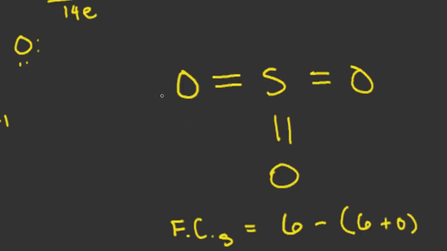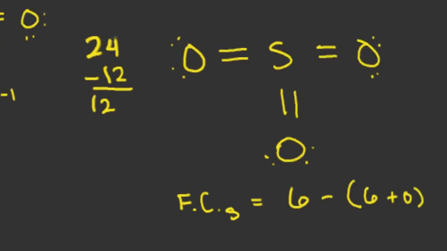Oop, forgot to draw my lone pairs, didn't I? So the 24 minus the 2, 4, 6, 8, 10, 12, at least 12 lone pair electrons, which are neatly going to go on each one of these guys.